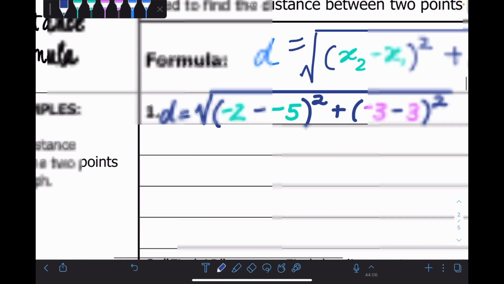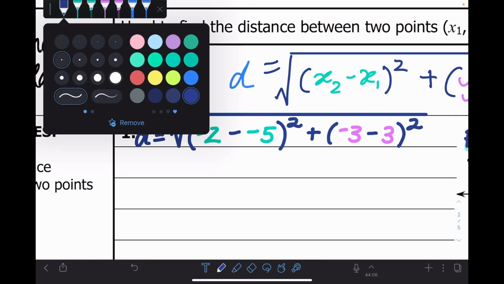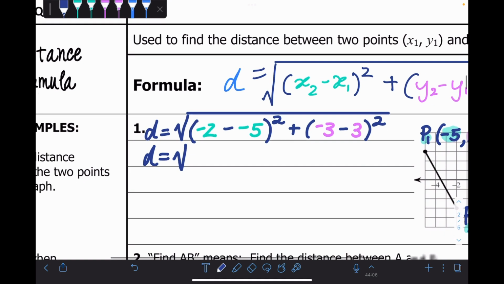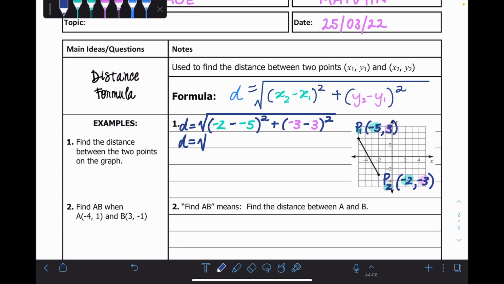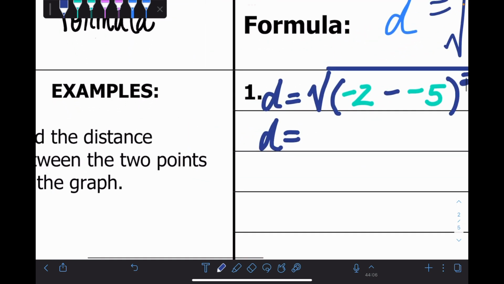So we're looking at this, let's rewrite. D is equal to square root. The first thing I need to do, if I'm thinking back to BOMDAS, I might write BOMDAS over here.